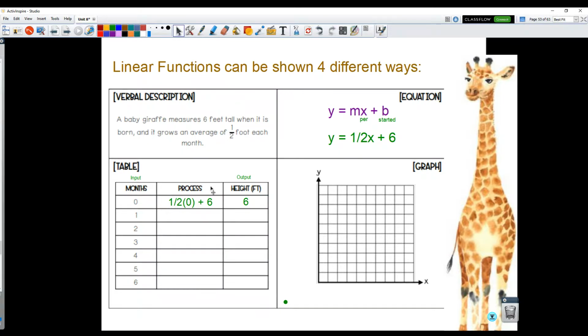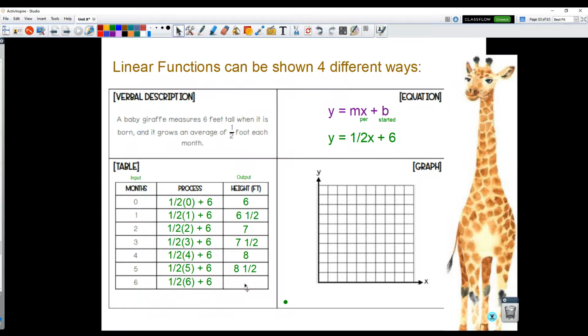Then we're going to plug in 1 month, and we find that in 1 month, the giraffe's height is 6.5 feet. Then we're going to plug in 2 months, and we find that the giraffe is 7 feet. 3 months, 7.5. 4 months, 8. 5 months, 8.5.